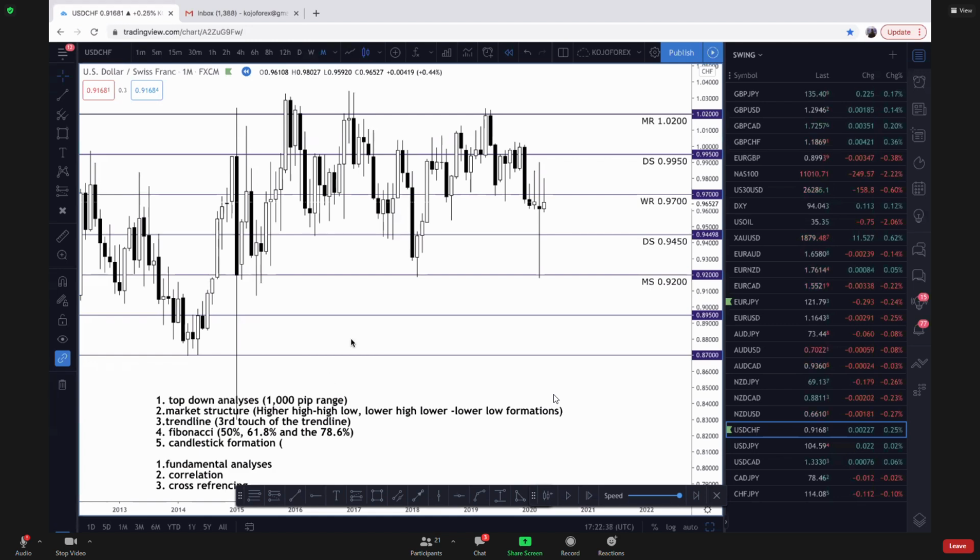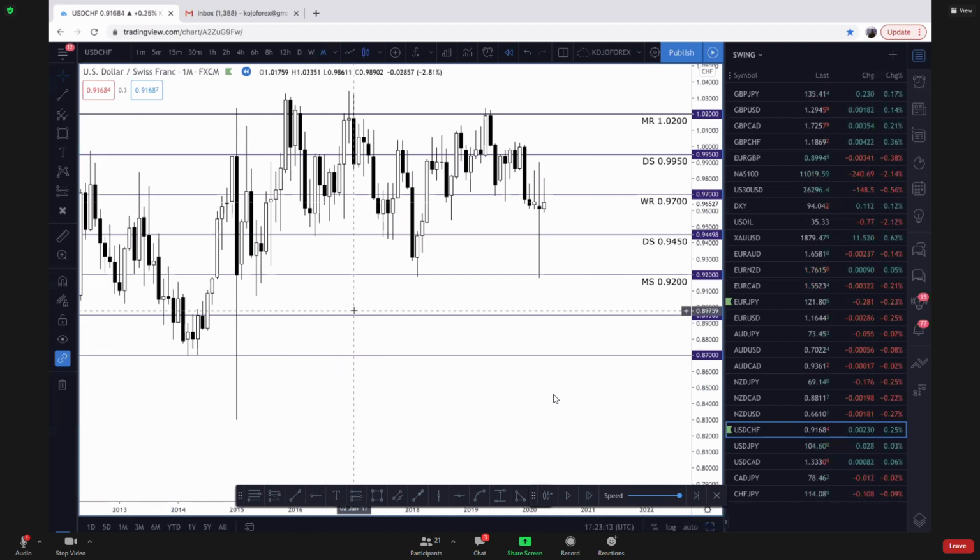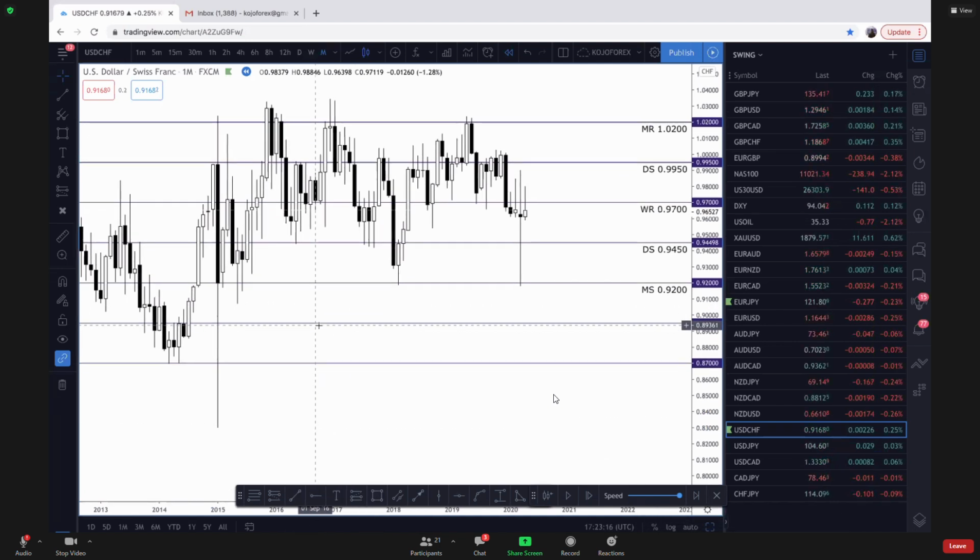So when I am trading, I want to do my analysis in the monthly time frame, putting the market in 1,000 pip range. But there's a specific way or specific model in which I come by determining that 1,000 pip range, right? There's a systematic way that I follow to pick out the 1,000 pip range. I don't just wake up and then draw the 1,000 pip randomly from anywhere at all. I use specific rule or specific strategy to pick out those levels.